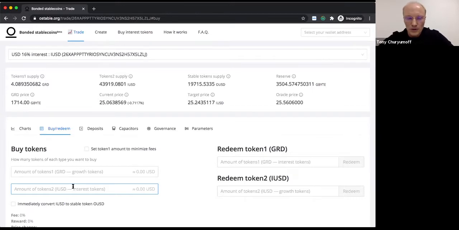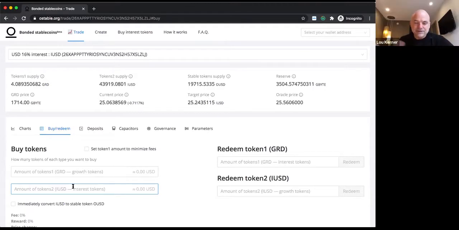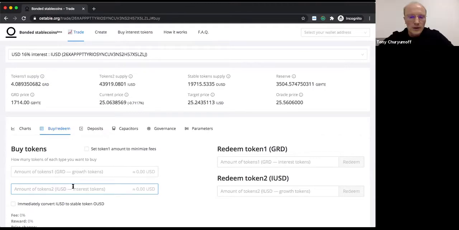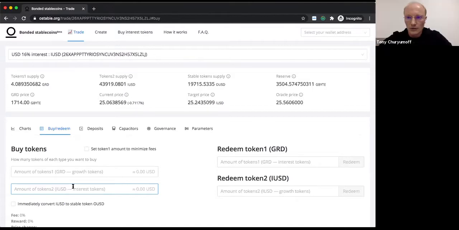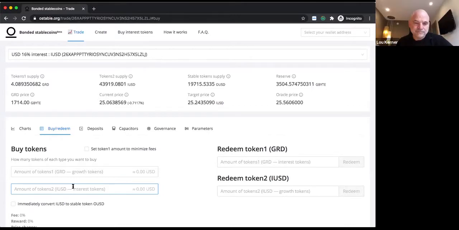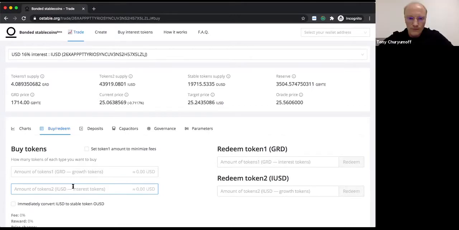I wanted to talk about it a bit later. You pay with one currency and you issue another currency, and you have the same value on input and in output. There is also another token, but I'll talk about it a bit later.